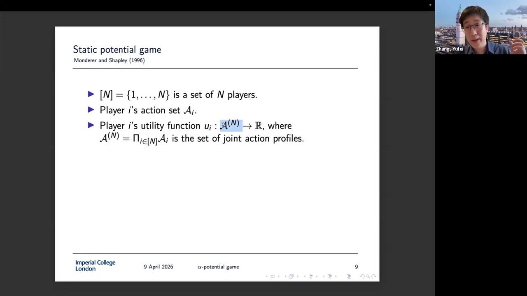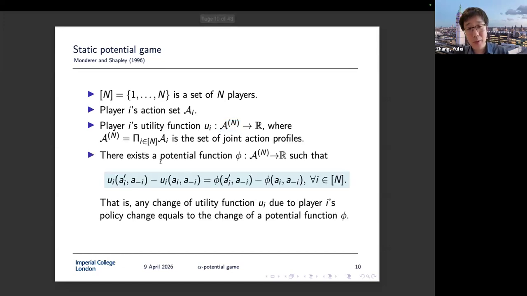What they study is a subclass of the static game, which they call the static potential game. In particular, what they assume is that in this game, there exists a common function, phi. The key thing is this phi depends on all players' joint action, but is independent of the player. And this potential function satisfies this identity.